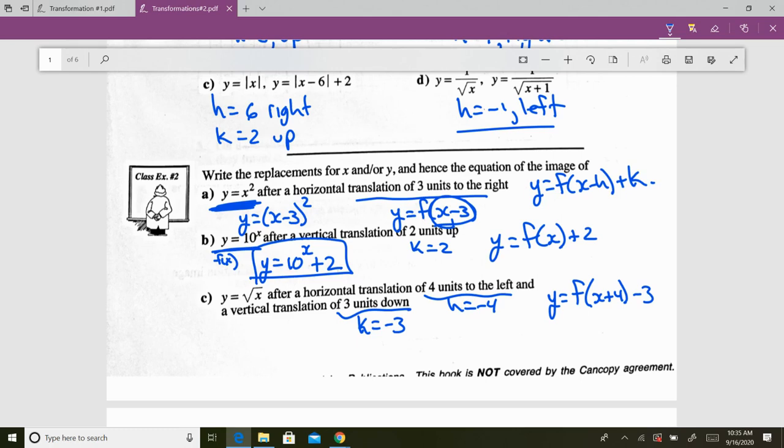And then we want to write that in terms of the radical root x. Whatever's in brackets goes in for x, and the -3 just sits on the outside. So this becomes y is equal to root x plus 4, tack on a -3, and that's it.